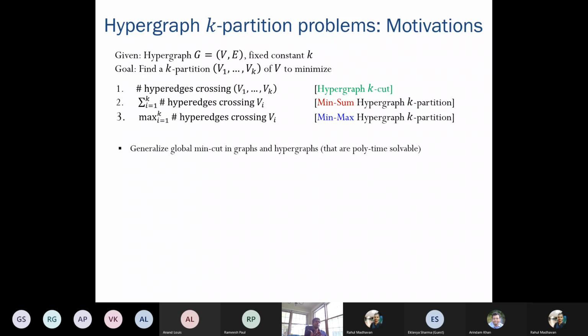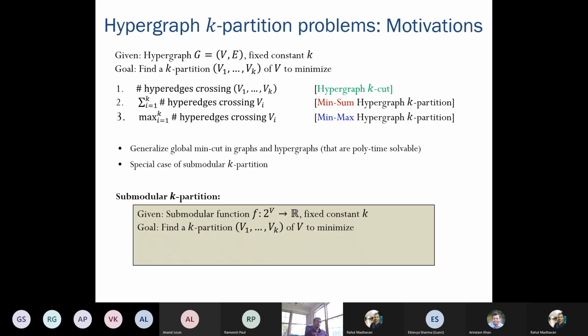So if k equals 2, then all three problems correspond to global min-cut in hypergraphs, which is poly-time solvable. So it is natural to ask whether these problems are poly-time solvable for larger constants k. What about k equals 3 and 4 and so on?